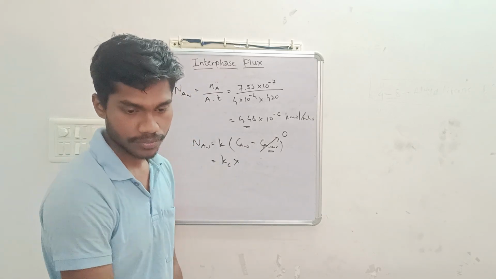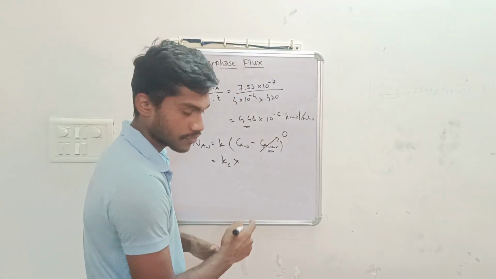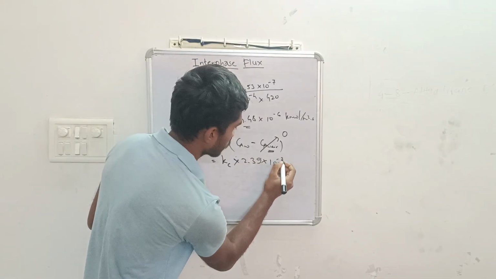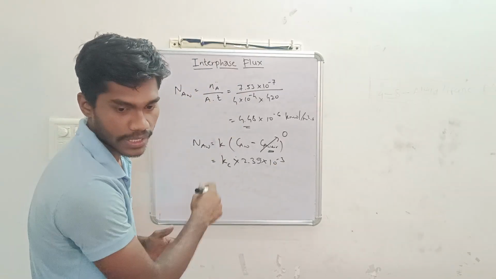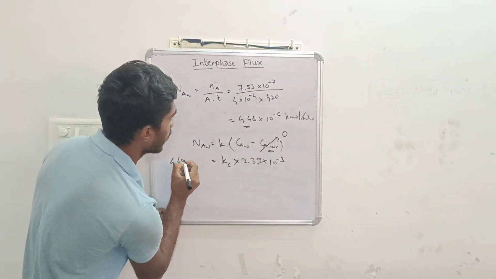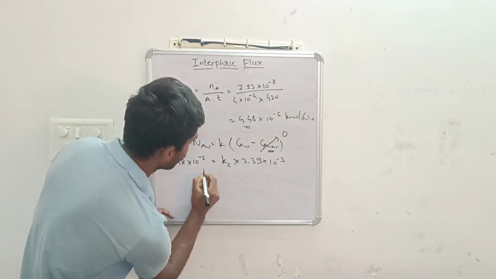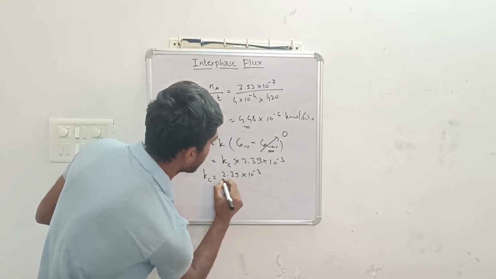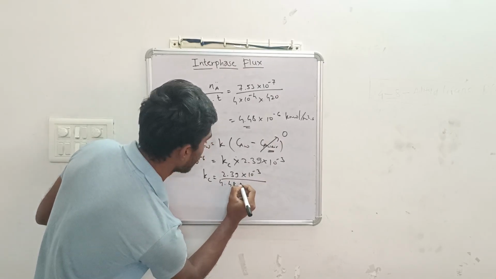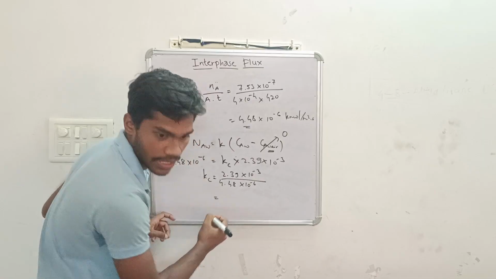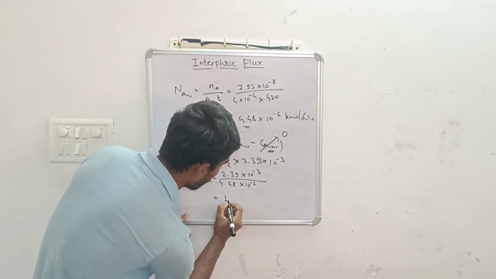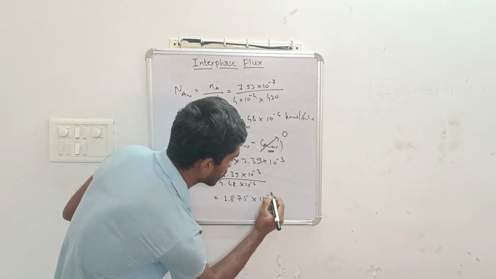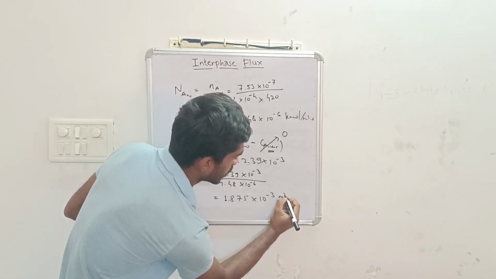What is CAS? CAS will be 2.39 into 10 power minus 3, and NAS we have calculated as 4.48 into 10 power minus 6. So Kc will be 2.39 into 10 power minus 3 divided by 4.48 into 10 power minus 6. That will be equal to 1.875 into 10 power minus 3 meter square per second.